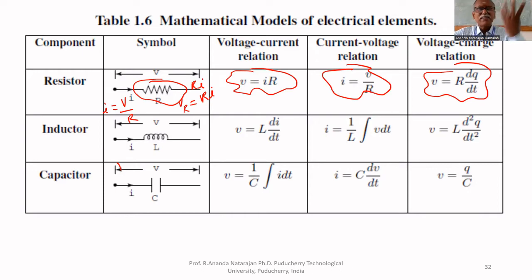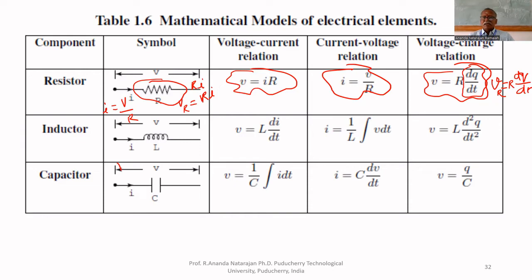Current itself is dynamics. So that is velocity, dq by dt. Rate of change of charge in a circuit is current. Therefore, instead of current, we can put dq by dt also. Therefore, voltage across the resistor equal to R dq by dt.